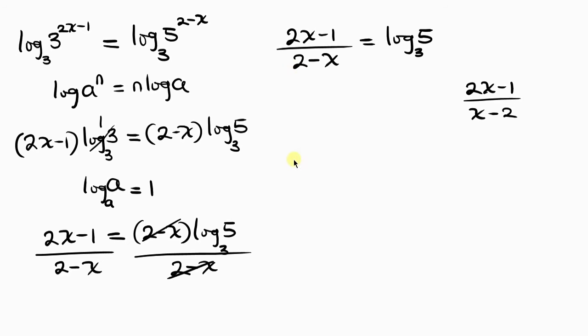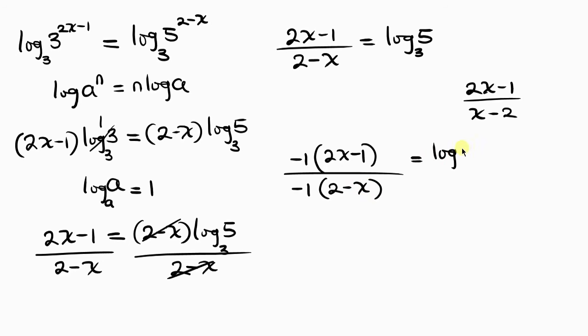So, negative 1 multiplied by 2 to the x minus 1. We do that to the denominator as well. Negative 1 times 2 minus x. And this is equal to log 5 base 3.